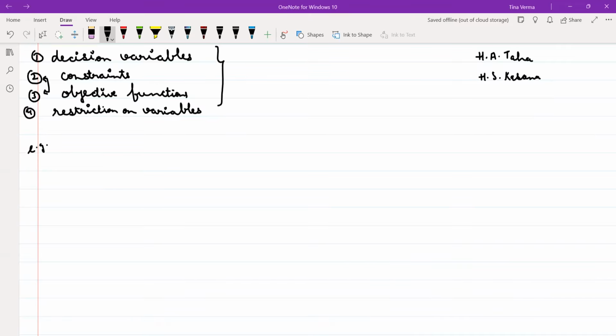So the first example, we will start with the basics example, then we can increase the difficulty level.